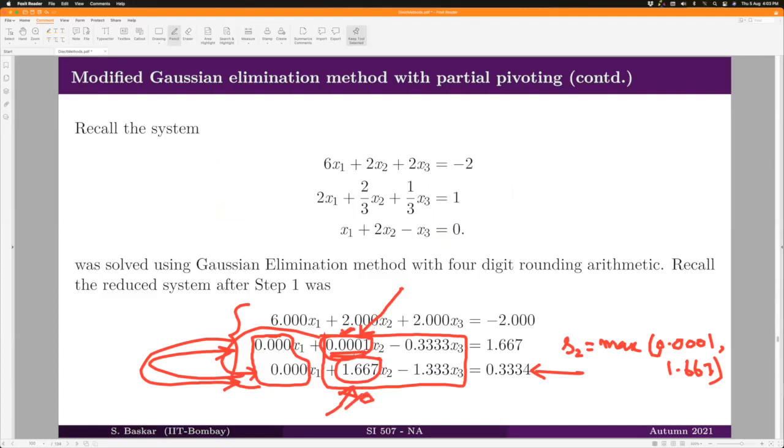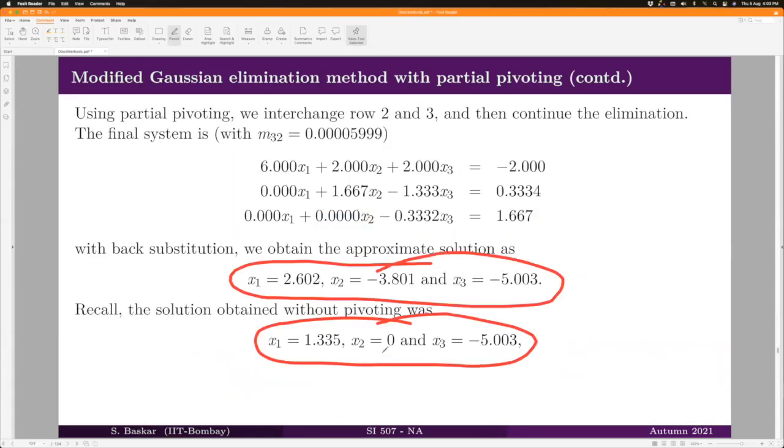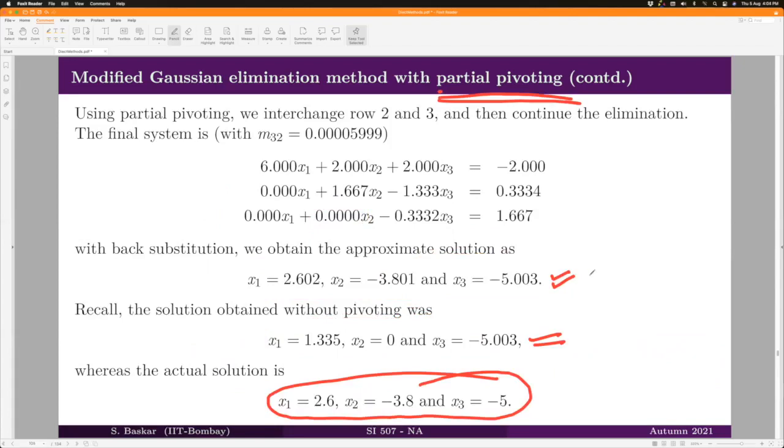So all the propagated error carried by this number is just nullified without making any calculation with that. That is how the partial pivoting has helped us to get rid of this bad number in our calculation. We never allowed it to bring its error into the further calculations. Thereby, our solution accuracy was retained here.